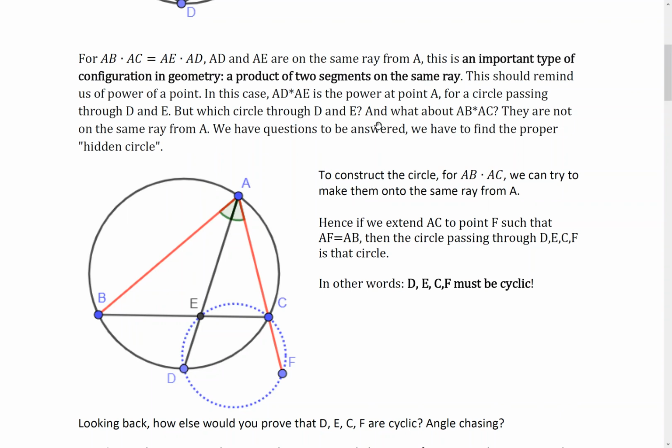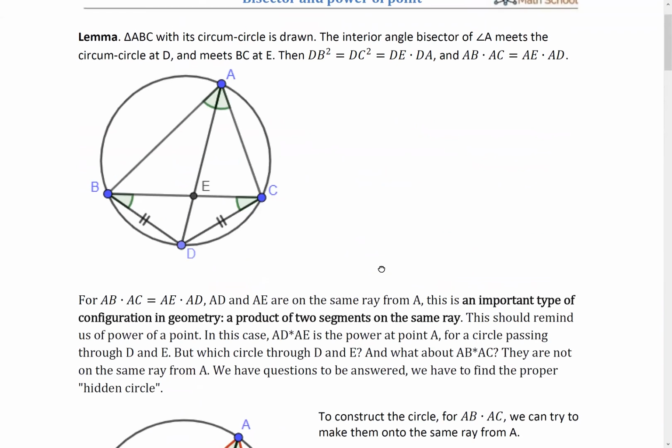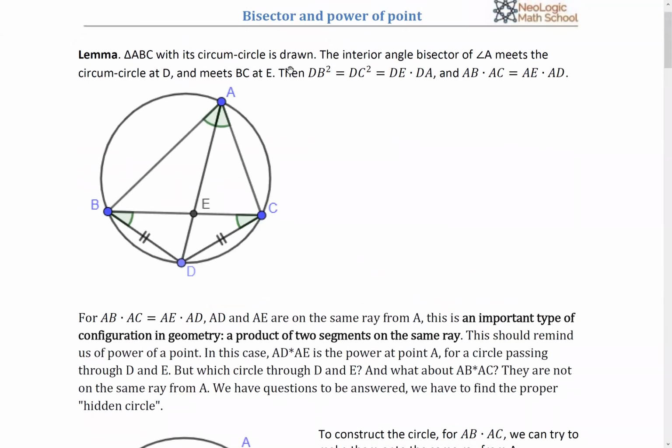All right, now there's another pair of identities here. For example, DC squared equals DE times DA, right? DE times DA is the power at point D with respect to a circle passing through E and A. So maybe something like this, right? Power at point D versus this circle. But then you have a DC squared. What does that mean?